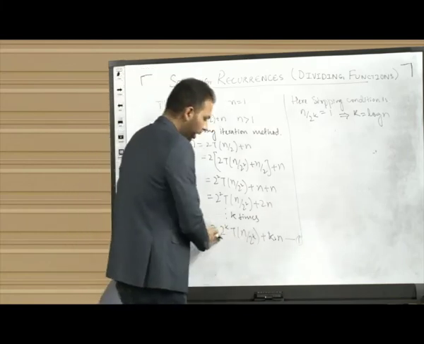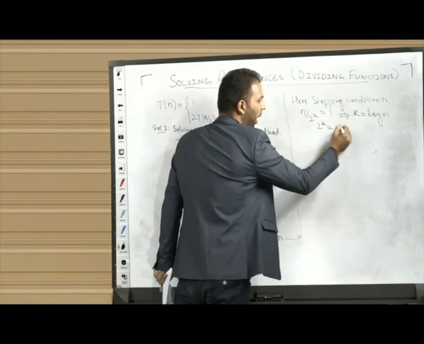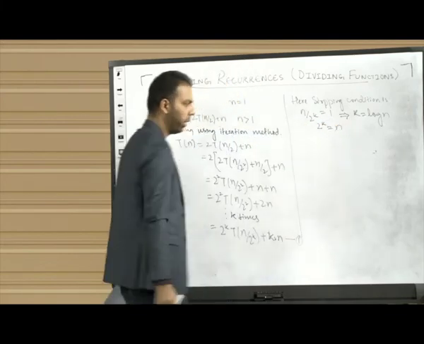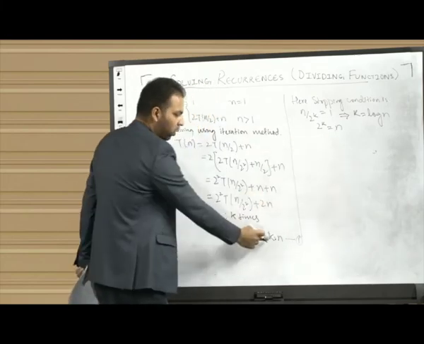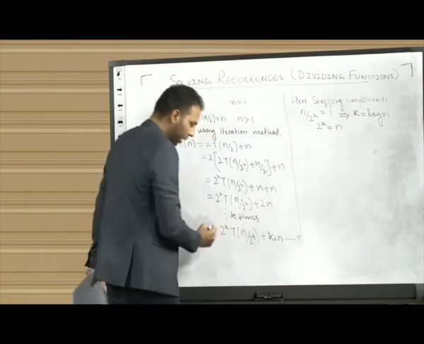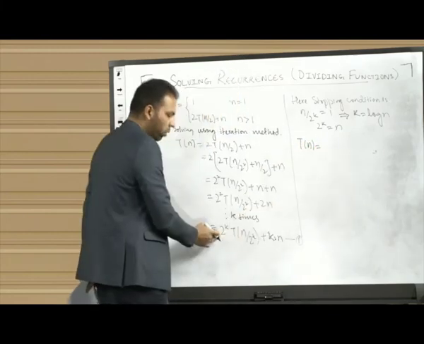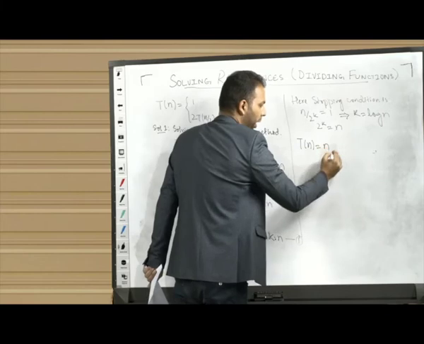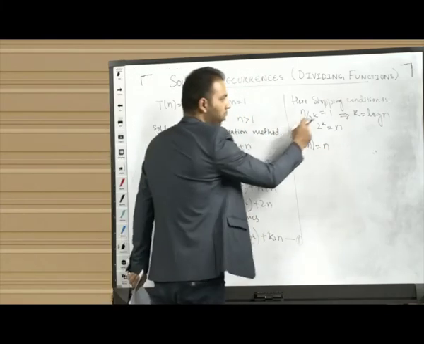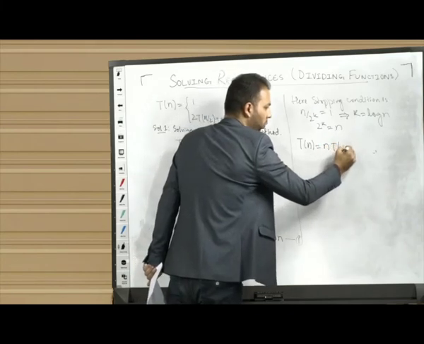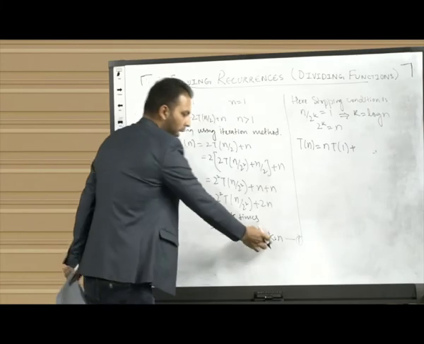So 2 raised power k, if we look here, 2 raised power k will be equal to n here. Okay. So 2 raised power k will be equal to n, and your k will be equal to log n. So what we will get is t of n equal to, first we have 2 raised power k, so n, then t of n by 2 raised power k. So n by 2 raised power k is 1, so it will be t of 1, then plus k here.